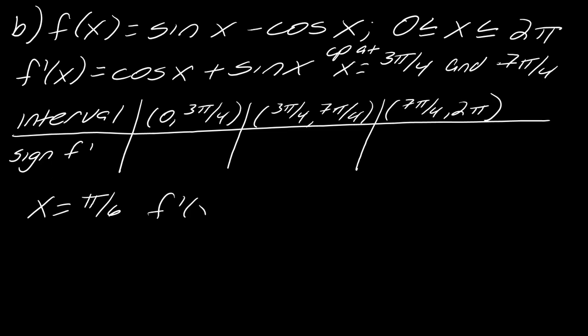Thinking about where this falls in the unit circle, if I plug pi over 6 into this, these will both be positive. So two positive things being added to one another will end up being positive. I can continue to extend that logic. So I will get that this is negative, and then this will once again be positive.